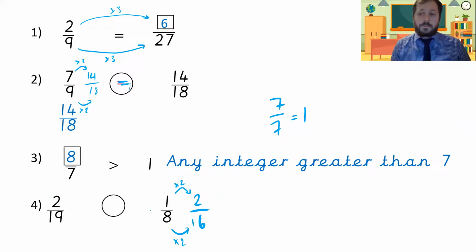Now remember, the smaller the number of pieces, the bigger they are. So this one would be bigger because the piece size is bigger. I know it sounds odd, but remember, when you're comparing denominators, the smaller the denominator, the bigger the piece. And if we've got the same number of pieces, then we want the bigger pieces.